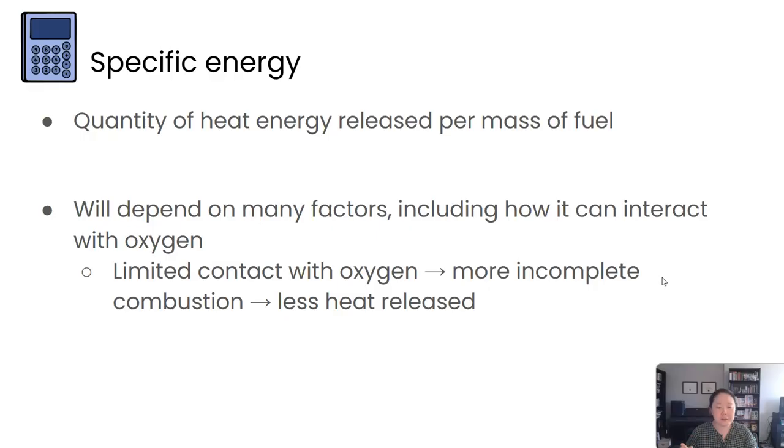And so because of that, you get more incomplete combustion, and that means you're going to get less heat released as a result. Having your fuel go under complete combustion is going to give the most amount of energy per mass of that fuel. And if that's not going to happen very effectively, then you'll have to burn more of it to get the energy that you need.